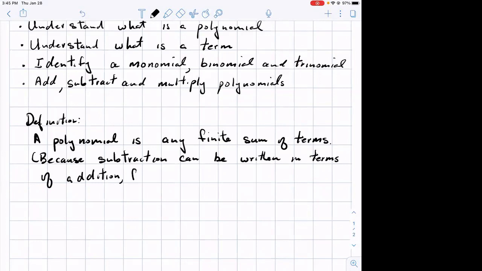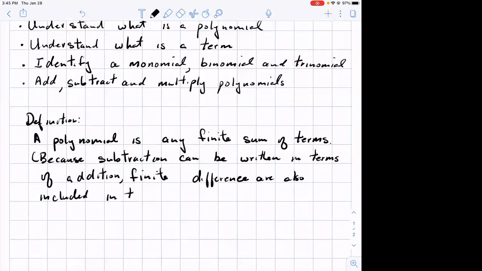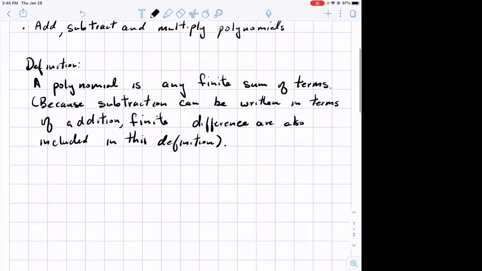So maybe I should write that also. Finite difference are also included. So what is this basically saying, right?